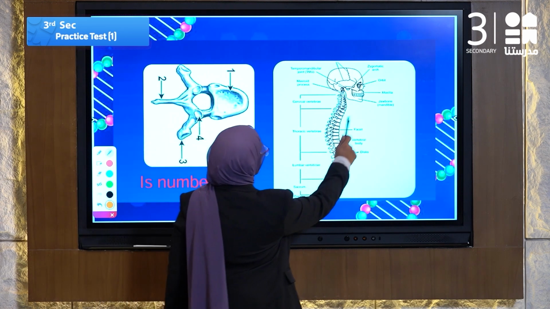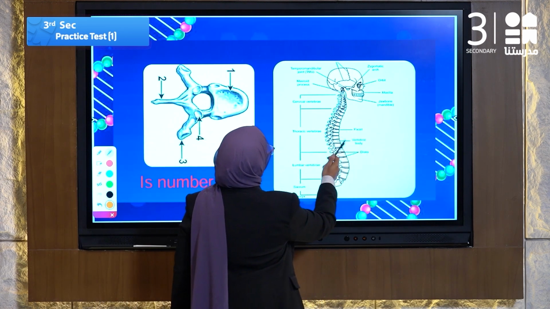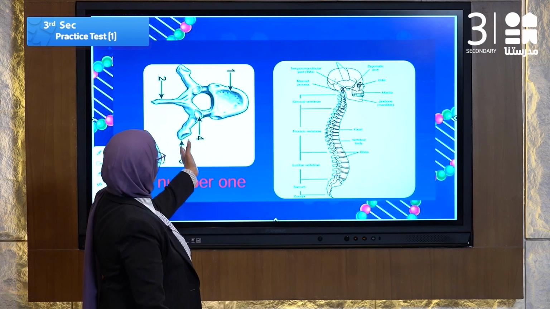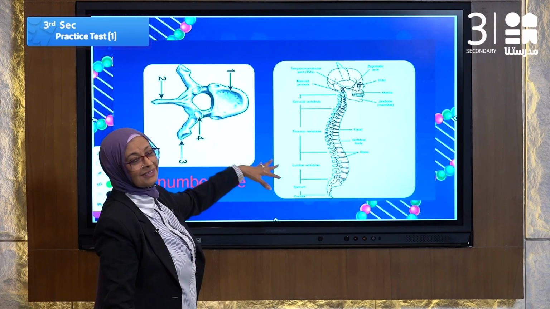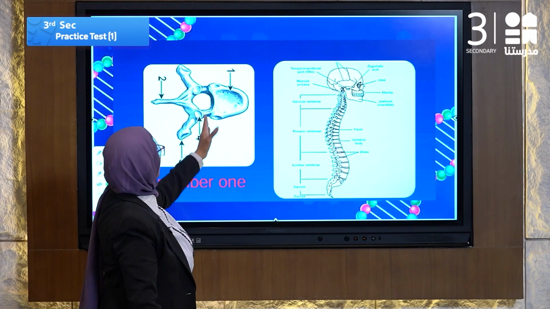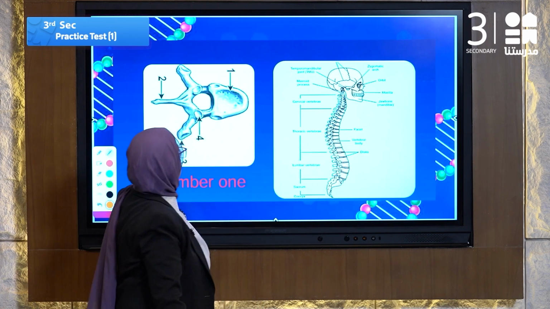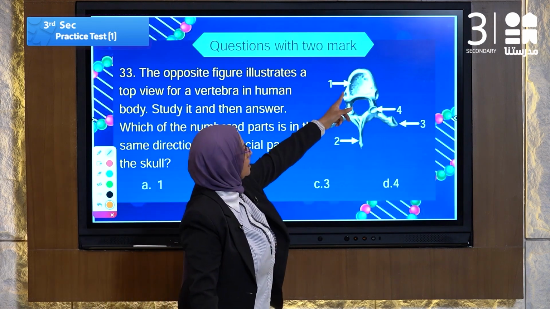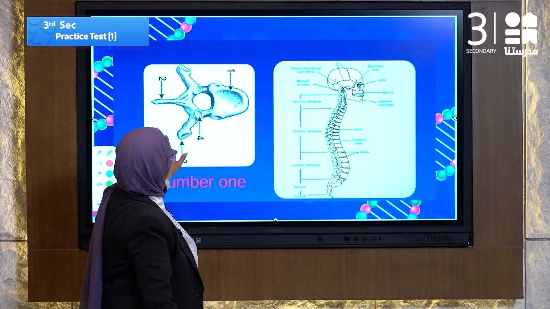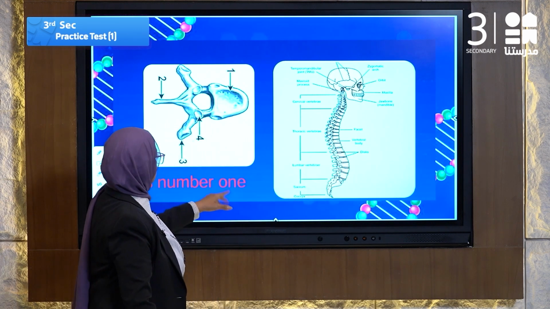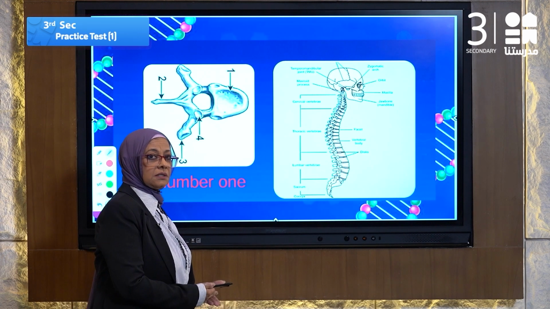The first one is facial and the other one is back. When we turn the vertebra, one will appear as the facial part. Yes, one is the facial part. Okay, the answer is number 1.